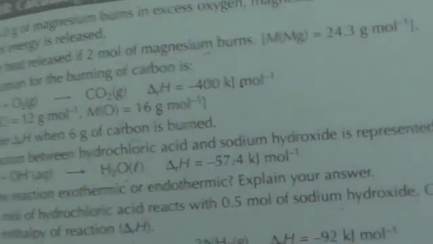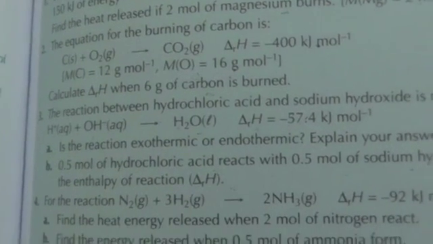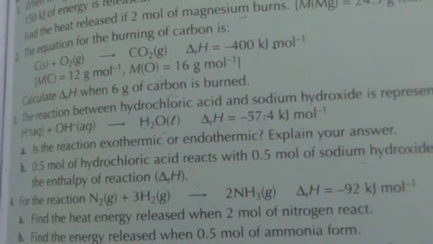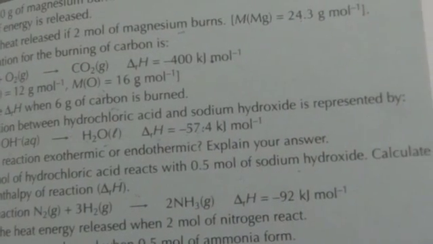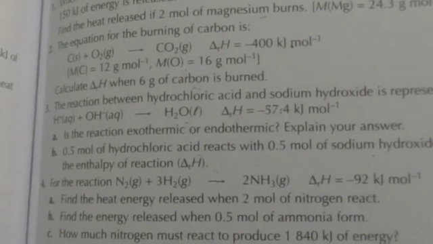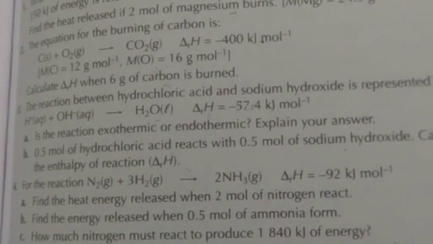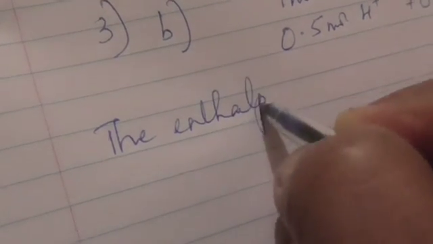Okay, so have we answered the question? Going back and reading, 0.5 moles of hydrochloric acid reacts with 0.5 mole of sodium hydroxide. Calculate the enthalpy of the reaction. We have calculated it to be negative. So I might just finish the question with words from the question itself.